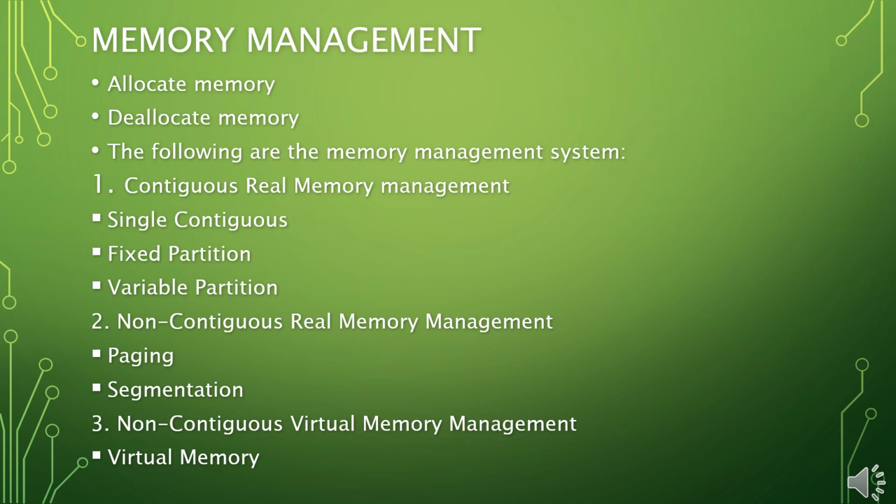The second is non-contiguous real memory management, which has paging and segmentation as techniques. And the third one is non-contiguous virtual memory management, which has virtual memory as a technique for memory management. We will learn about each technique in detail in today's class.